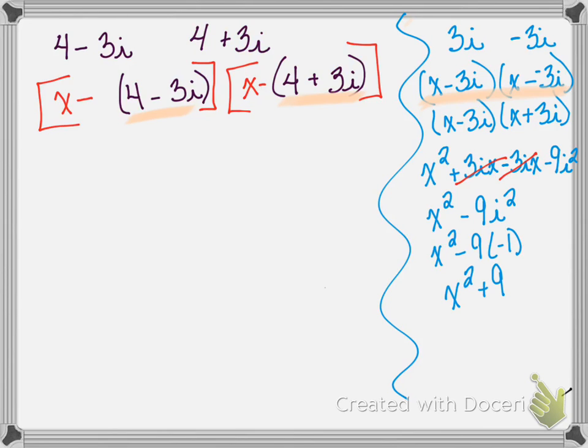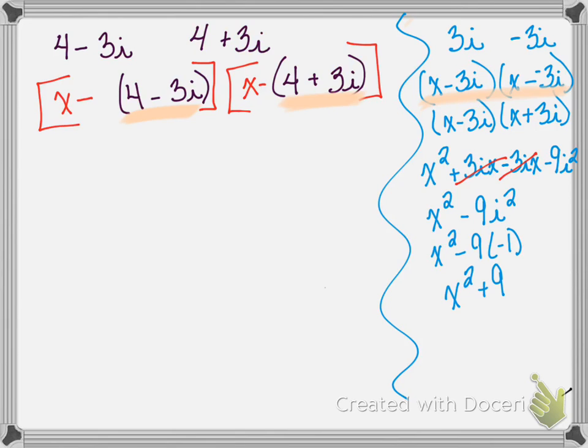Yes, you could. But if we understand what's happening here, using the FOIL and thinking of 4 minus 3i and 4 plus 3i as a unit, and that's what we're going to think about. We're going to think about it as a unit. It's sticking together. Then the problem is a little bit simpler to solve. So I'm going to try to use some different colors to show you how to do that.